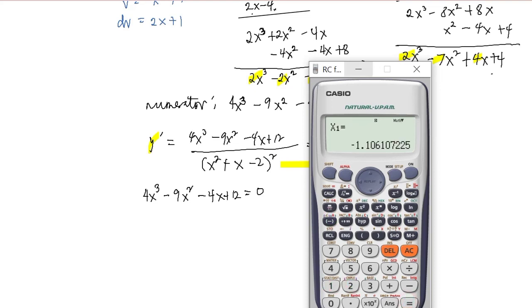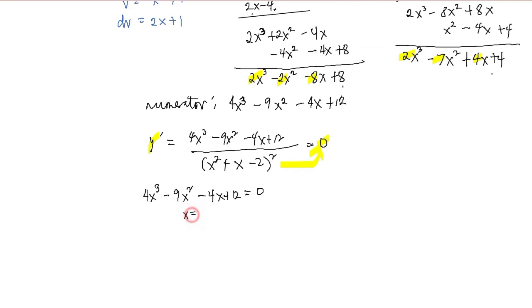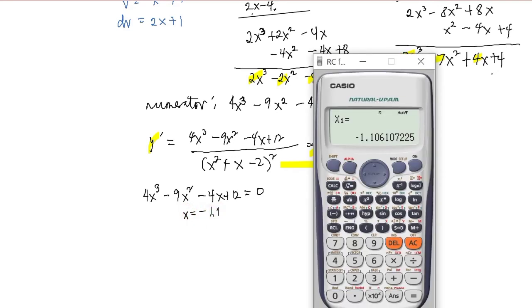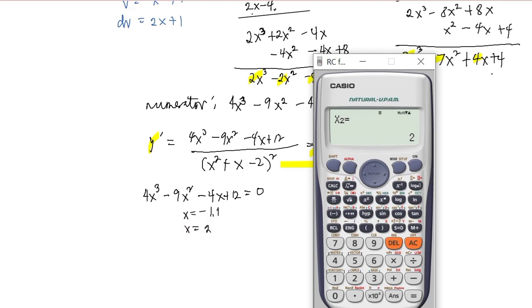And this is negative 1.1, tapos 2, at saka 1.36. No? So, isa-isahin natin. X is equal to negative 1.1. Tapos, x is equal to 2. Tapos, x is equal to 1.36.